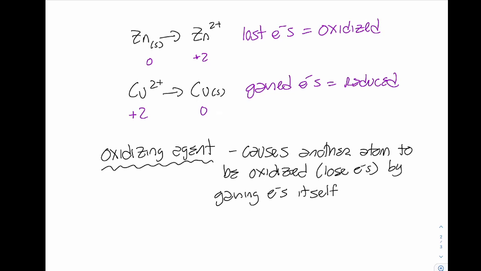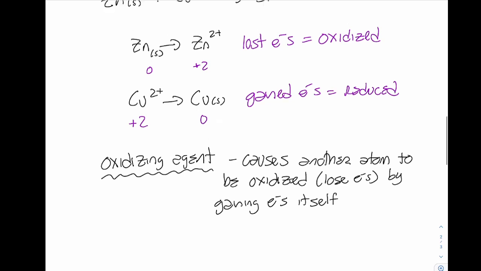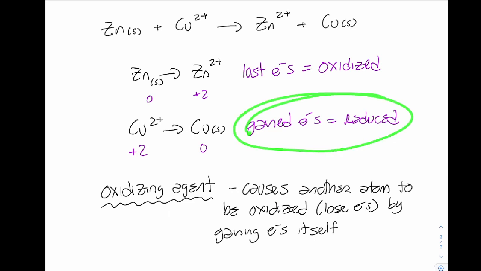Oxidation reduction reactions are always going to occur together, right? Something can't gain them if something else doesn't first lose them. It's not just pulling them out of nowhere. Something has to lose them for something else to gain them. And if something is going to lose them, they're not going to just disappear. Something else has to take them. So they're always going to occur together.